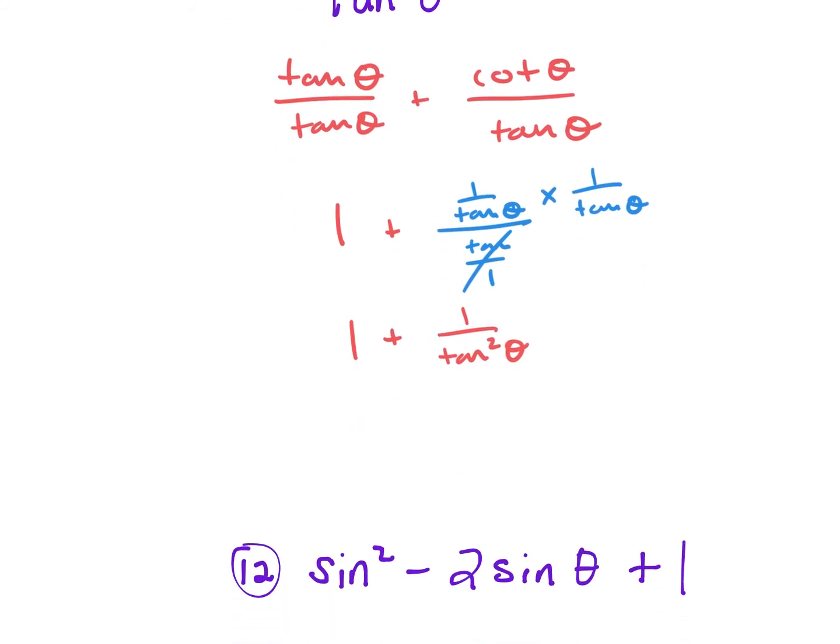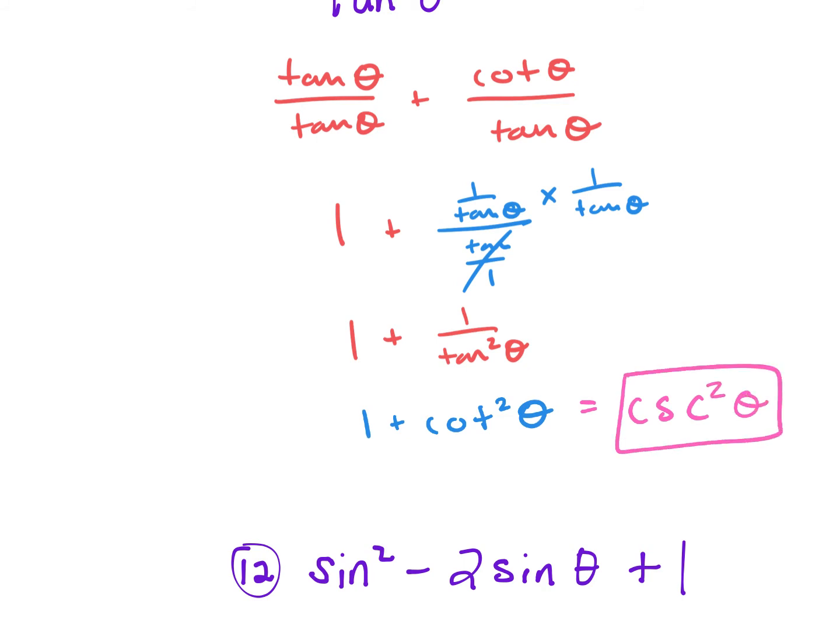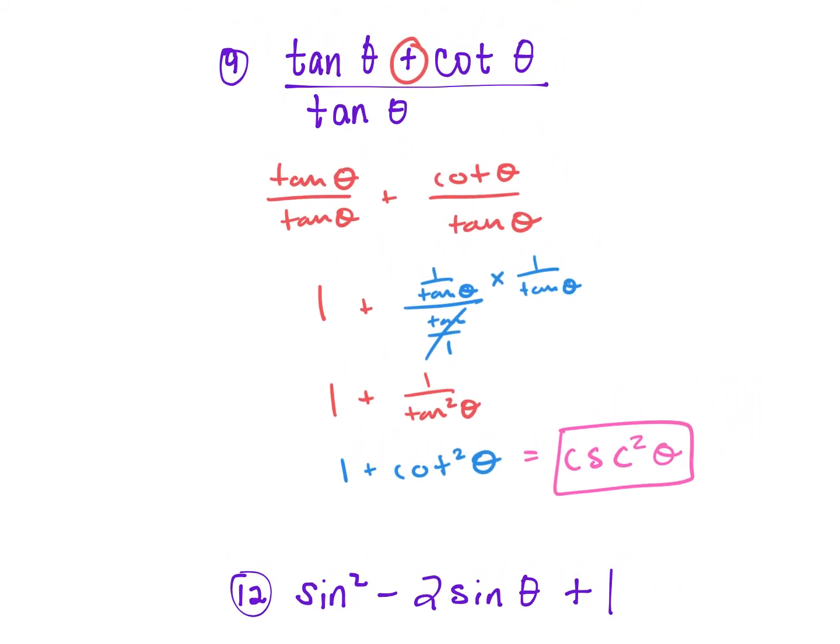Can I simplify 1 over tangent squared? Yep, that would be cotangent squared. So 1 plus cotangent squared. Is that an identity? Yes. What's 1 plus cotangent squared equal to? Cosecant squared. Awesome. Good job. Any questions here?